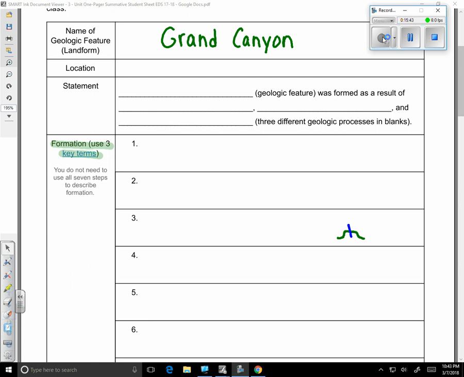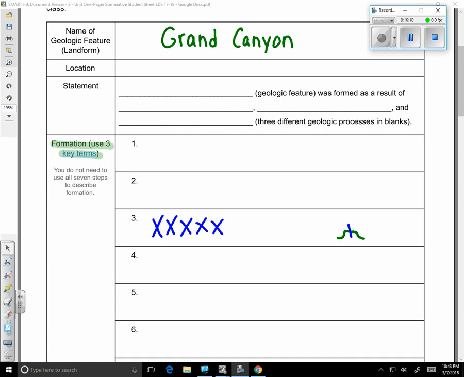So in complete sentences, I need you to write right here in your own words what's happening. The fact that there is this river that is going through the plateau and it's making a little channel or a little hole is starting to carve in it. And that's because of water erosion.